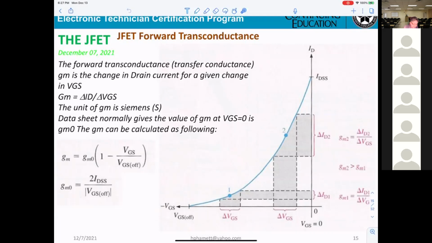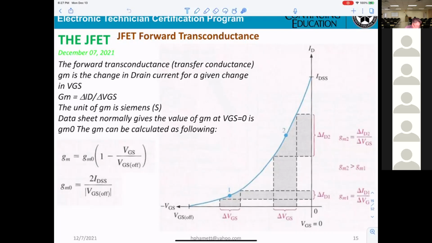To calculate the GM, you can use the formula GM0 times 1 minus VGS over VGS off.